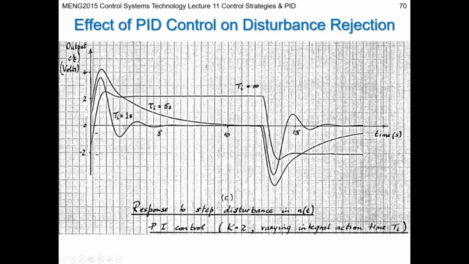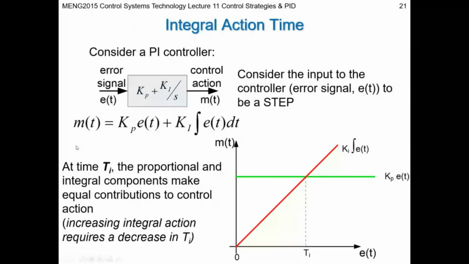With the Ti equals 1, you've now got more integral action because we've got a shorter integral action time. So just to remind you, you have more integral action if your Ki goes up, the Ti goes down, because this line gets steeper. So we're keeping a constant Kp, but we're making the red line steeper by increasing Ki or by reducing Ti.